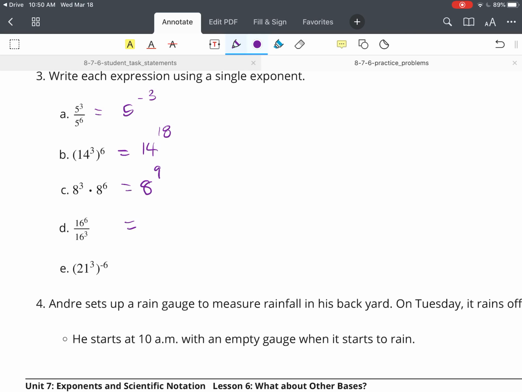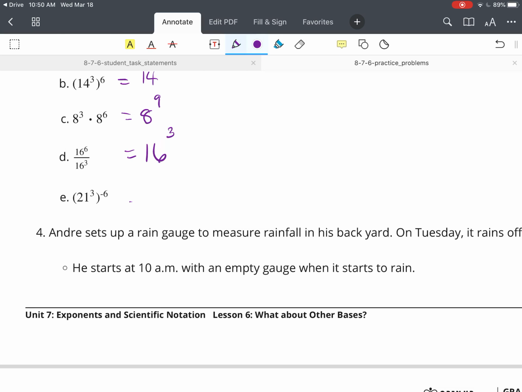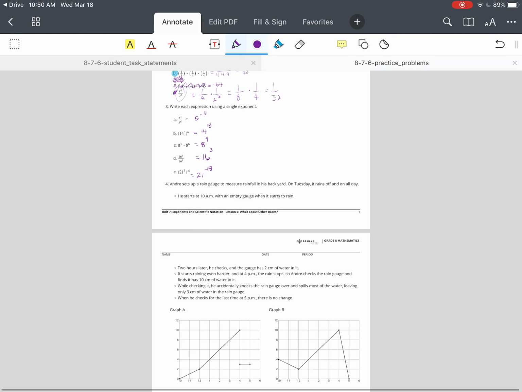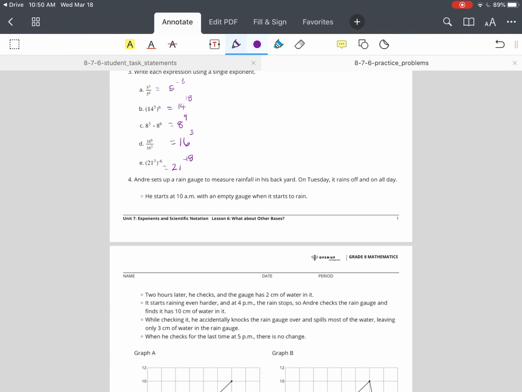We're dividing, so we're going to subtract the exponents. 6 minus 3 is 3. And then we're taking an exponent to an exponent. So what's 3 times negative 6? Negative 18. Okay?